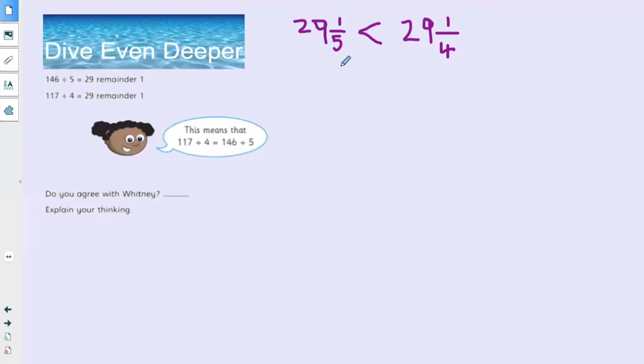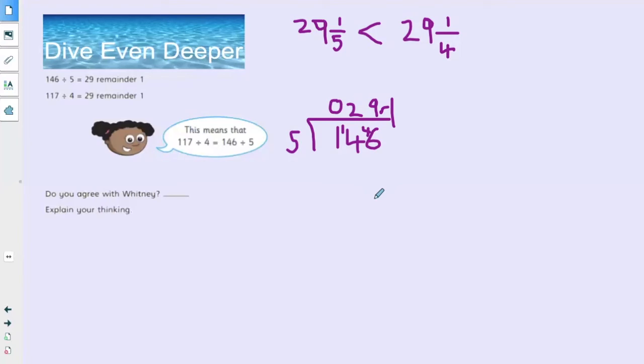Some of you may have used the short division method and then converted the remainder into a decimal to see if Whitney was correct. So I will do that for you now. So we've got 29 remainder 1.